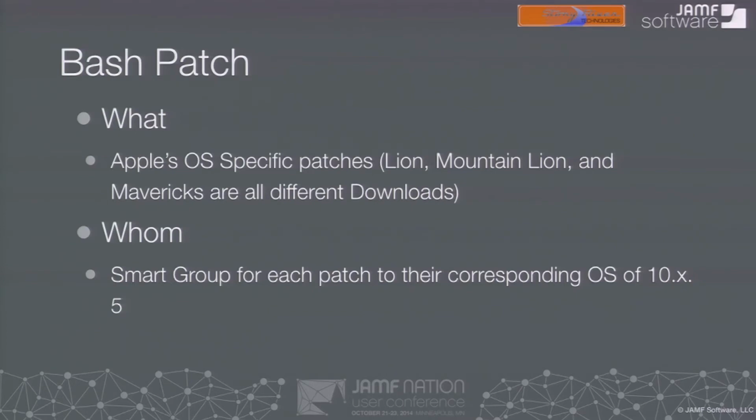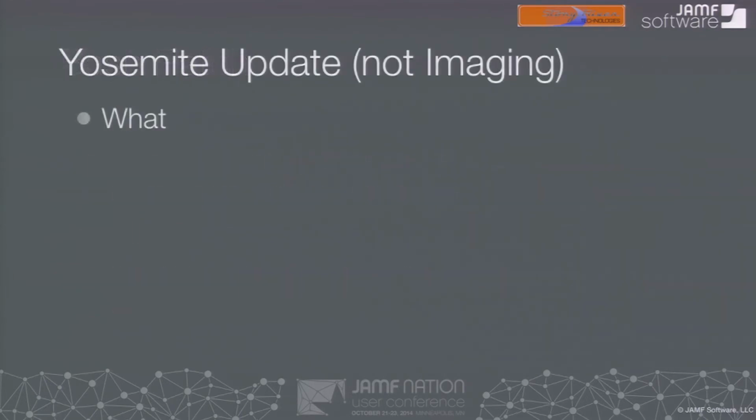If you weren't at that level, it would fail. It says, no, you need to update before. So I would create a smart group again, look for all the machines with 10 whatever .5, those who are the individuals that can use the patch, and deploy it. Or if you wanted to, create a policy that says, here's Yosemite.